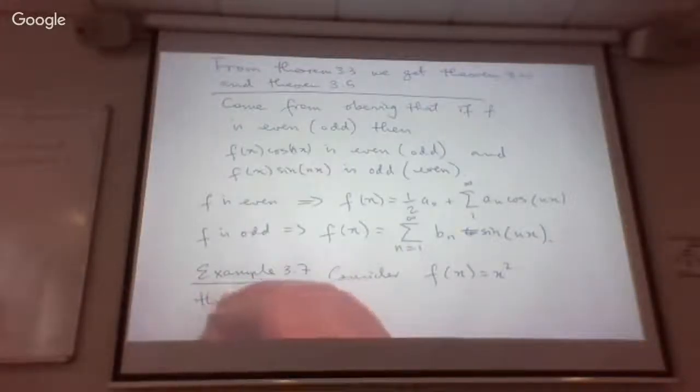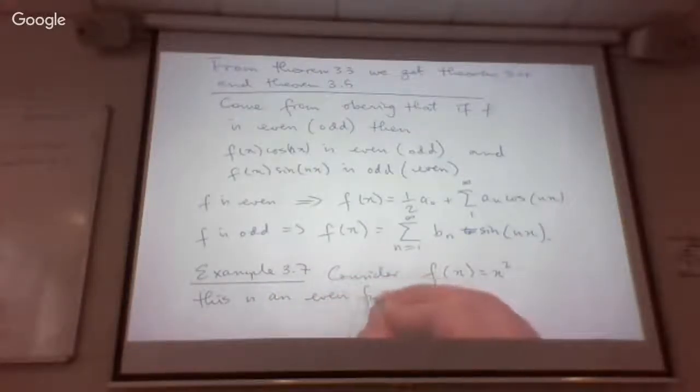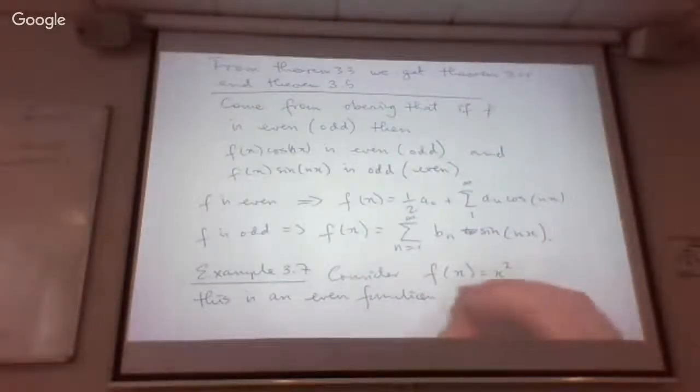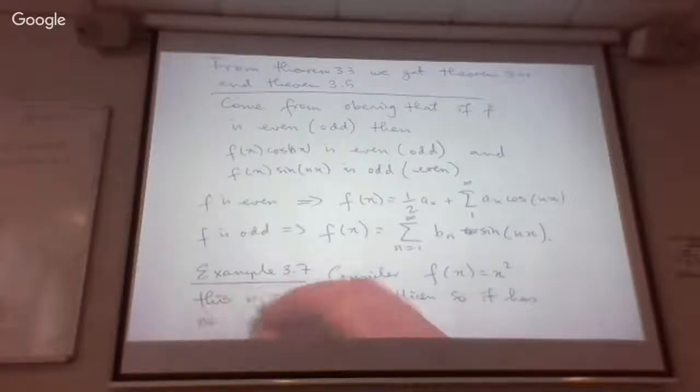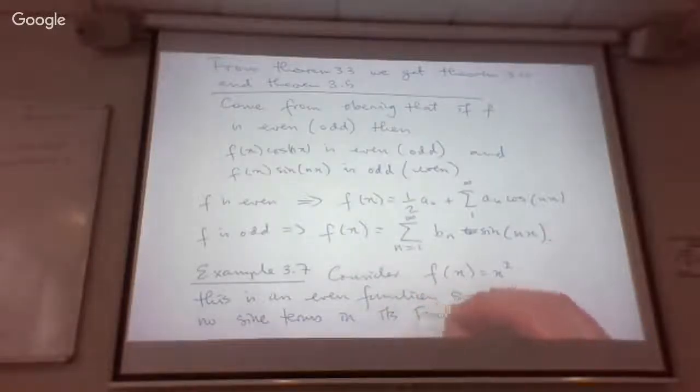So this is an even function. So by one of those previous theorems, it has no sine terms in its Fourier series.